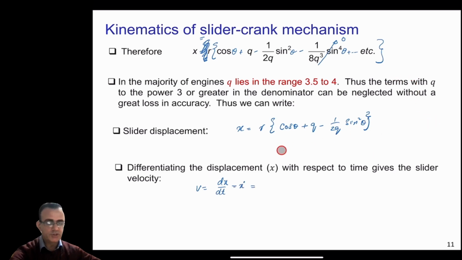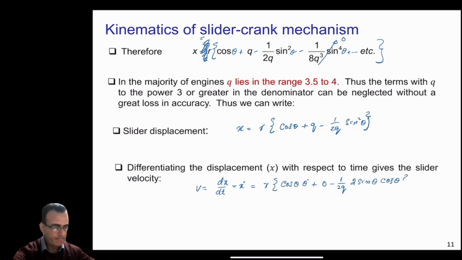So if you differentiate this equation with respect to time, you will get r, and in the bracket you will get cos theta theta dot, and plus 0 minus 1 over 2q, 2 sine theta cos theta. You will get this equation here.